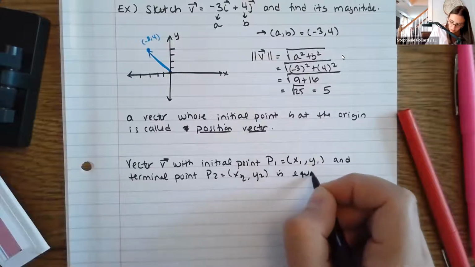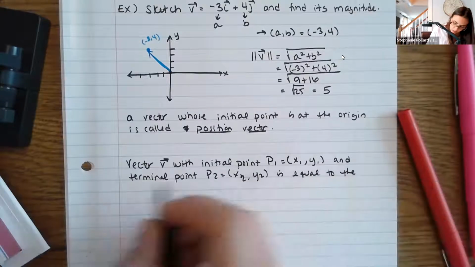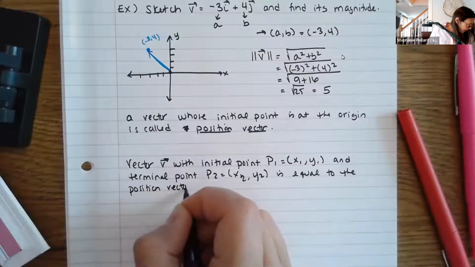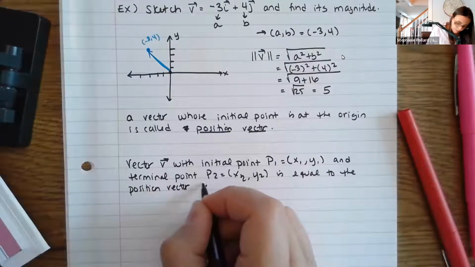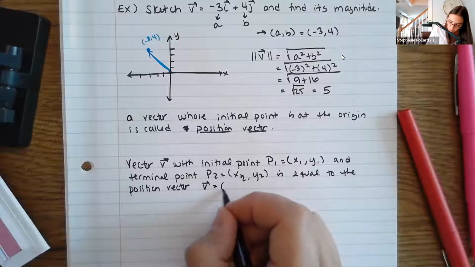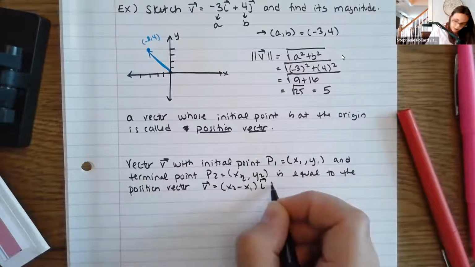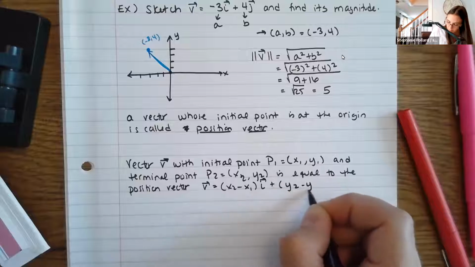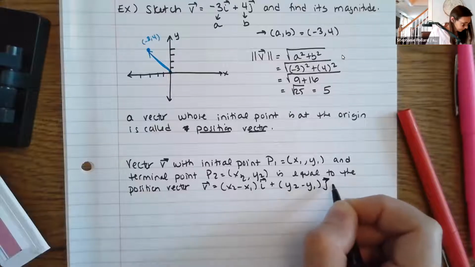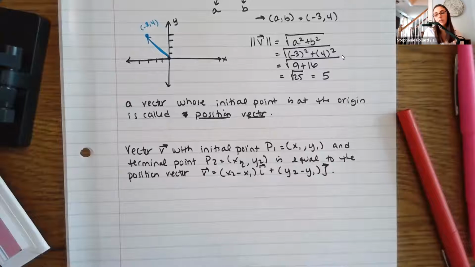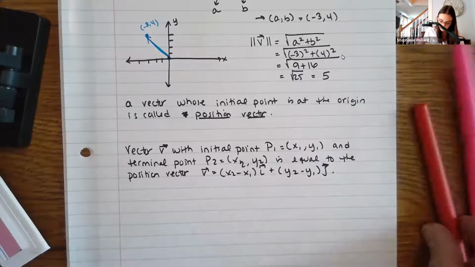It is equal to the position vector b equals (x2 minus x1) i plus (y2 minus y1) j. Now, remember, for vectors to be equal, it means that they have the same magnitude and same direction.